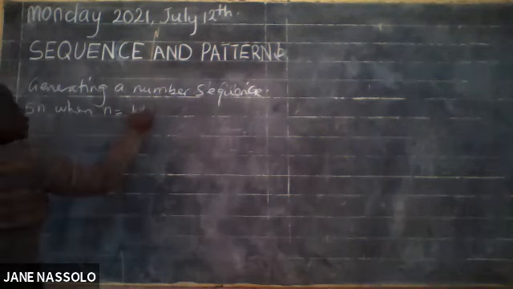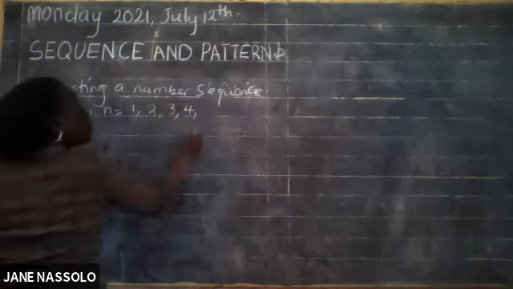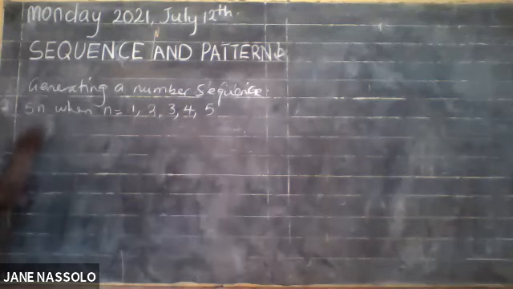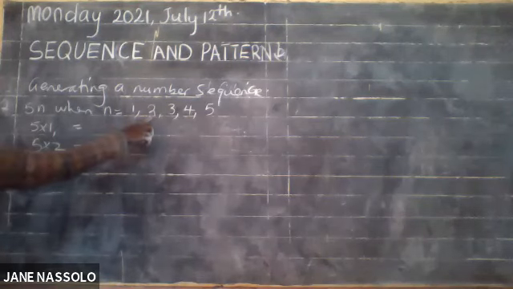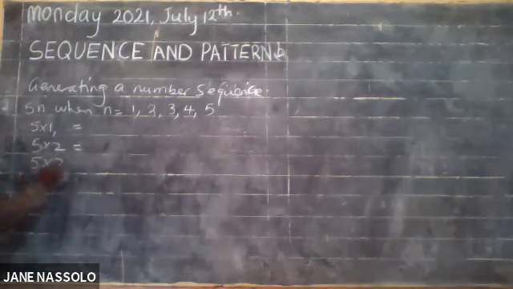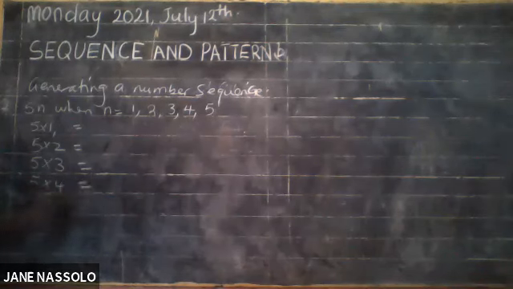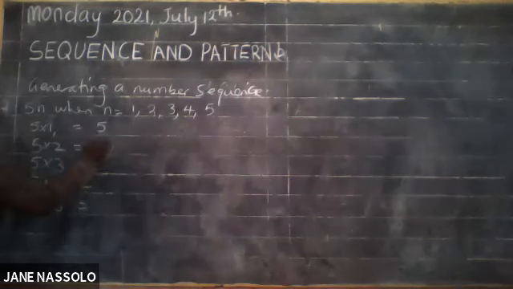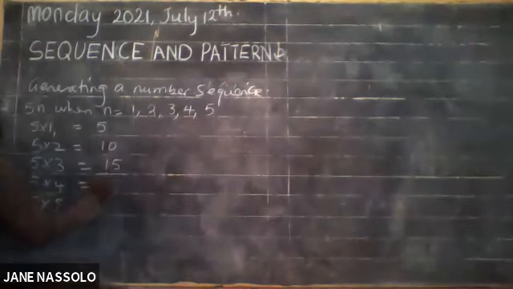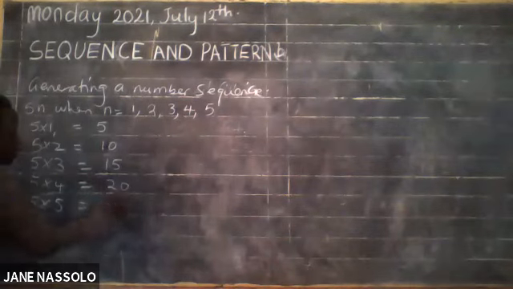When n is equivalent to 1, 2, 3, 4, and 5, what we have is 5 times 1 if n is 1, 5 times 2 if n is 2, 5 times 3 if n is 3, 5 times 4 if n is 4, 5 times 5 if n is 5. That would give us 5, 10, 15, 20, and 25.